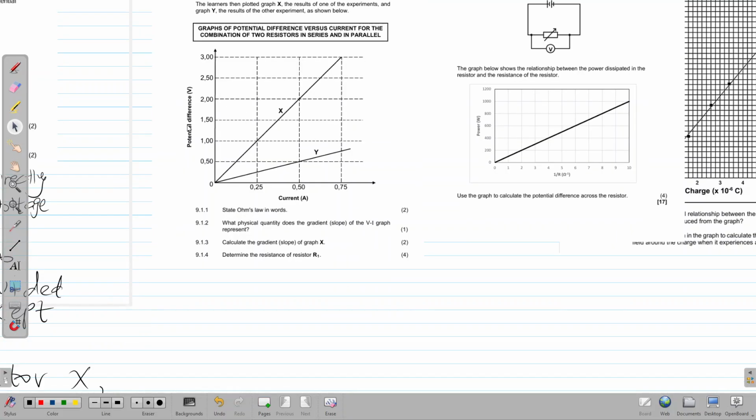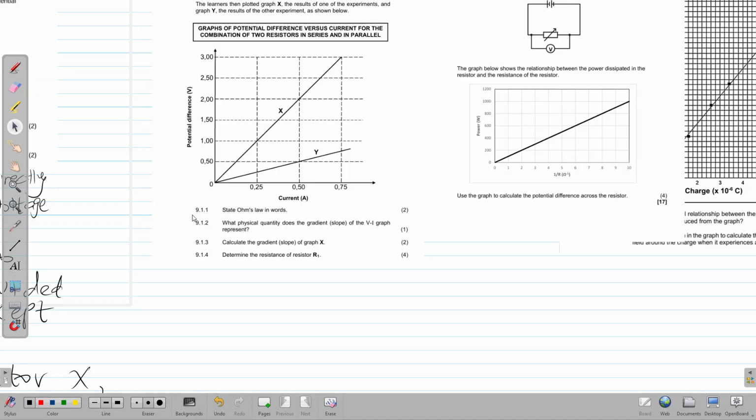So this is the graph of potential difference versus current. On the y-axis, we have potential difference with the units volts. And on the x-axis, we have current with units amperes. And then this is the graph of X, and this is the graph of Y. You can see both of these graphs are straight lines, so we expect that both of them obey Ohm's law.